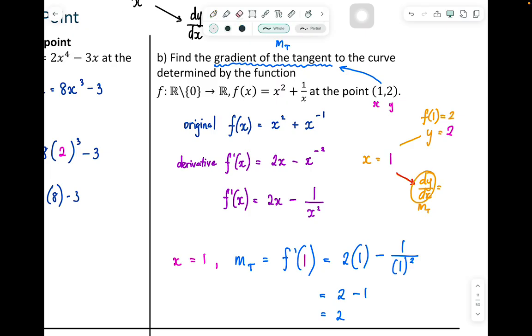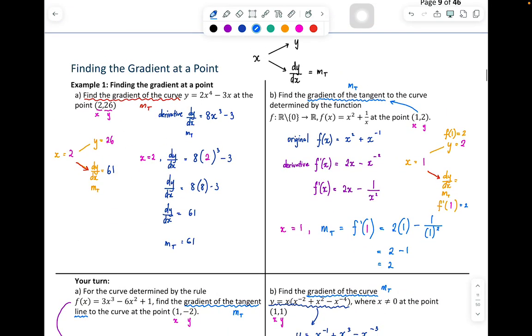And for this dy dx here, we would say f dash of x. But we know our x value is 1. And so we will evaluate to a value of 2 after we substitute it in. So have a look at the notation and how it differs from when we have y equals versus when we have f of x in function notation.